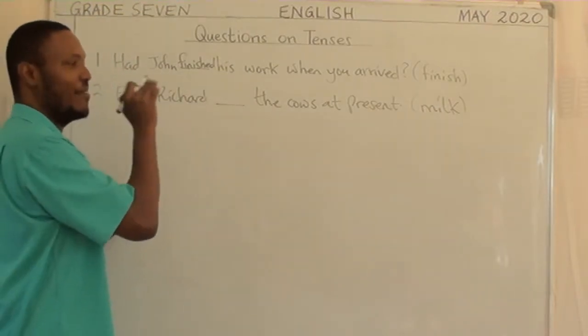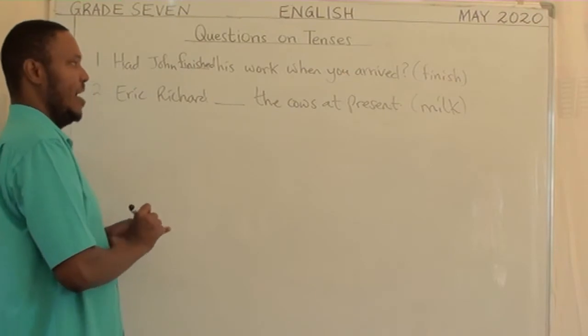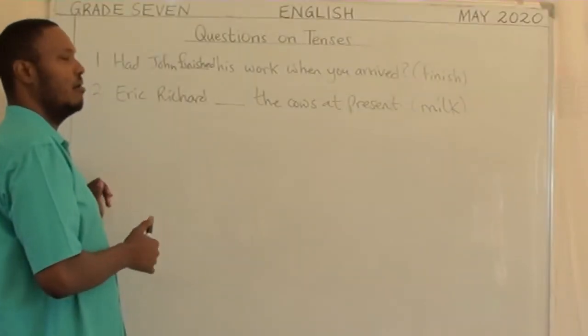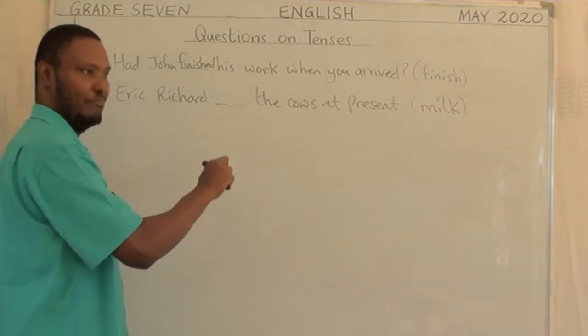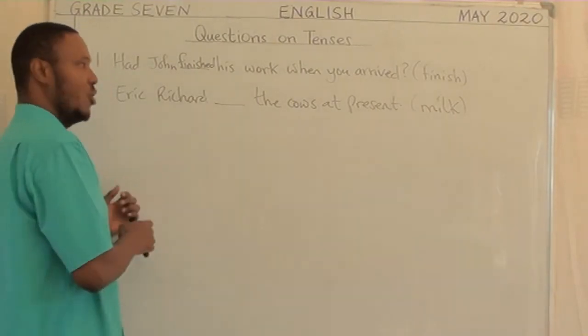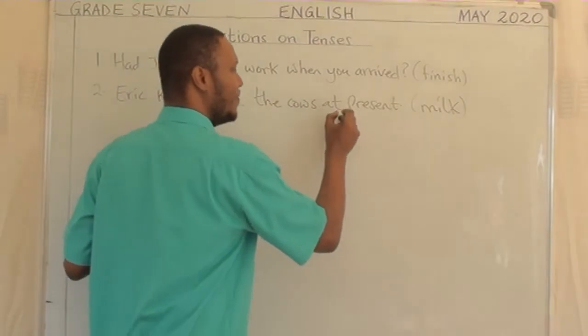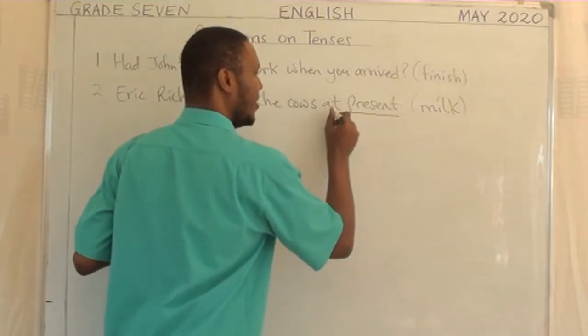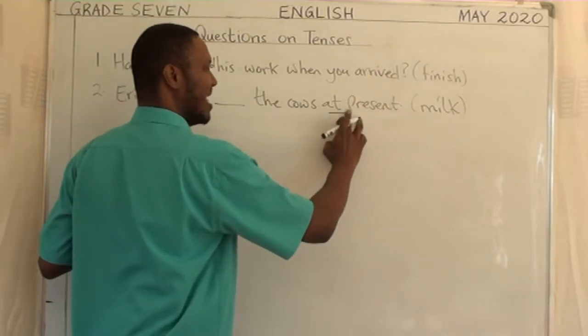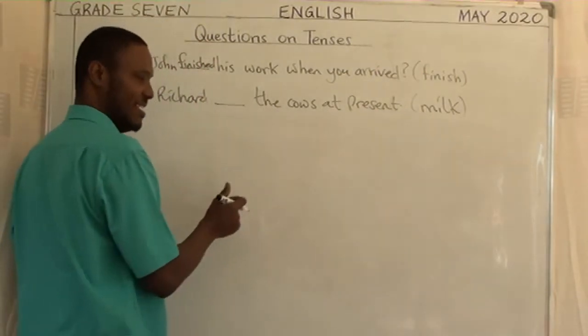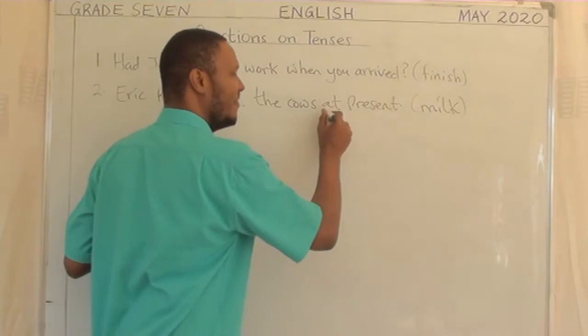So what time is being talked about here? In different sentences, we have different words that show the time of an action. So at present is the adverb that is used to show when this action is taking place. What is one word for at present?